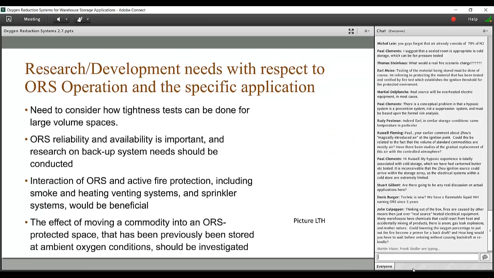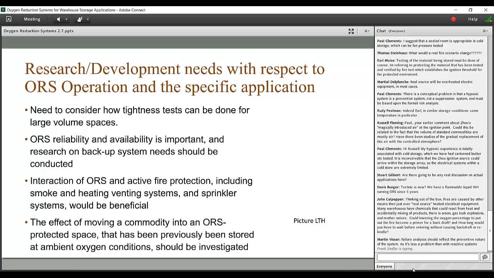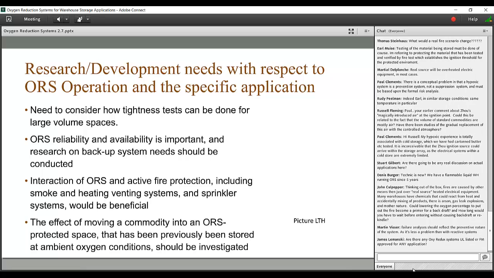We also need to check the tightness of the volume, how to check that and how to determine that. As I said earlier, reliability and availability are also important, and we maybe have to see, like with old systems, what type of backup we have. If the system does not work, we have the traditional 21% environment, and do we then have any other protection, and what would happen in that case?